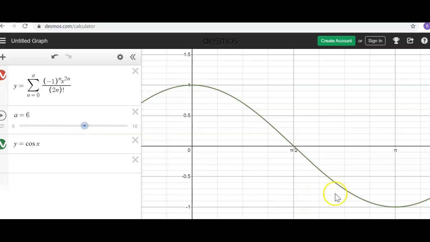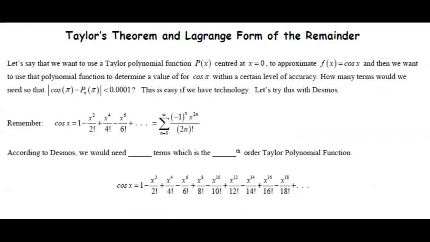Unfortunately, I haven't got the settings correct to get the values to 4 decimal places for each point. So in any case, let's go back to our notes here, and we're just going to fill this in because I have done it more accurately.